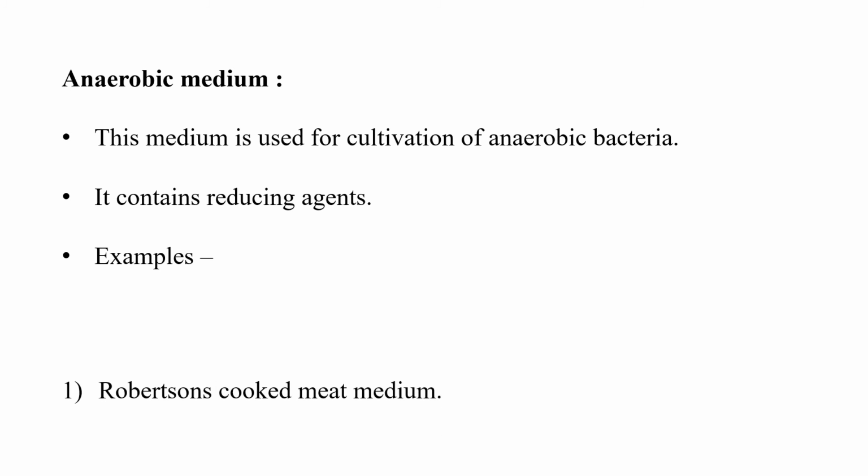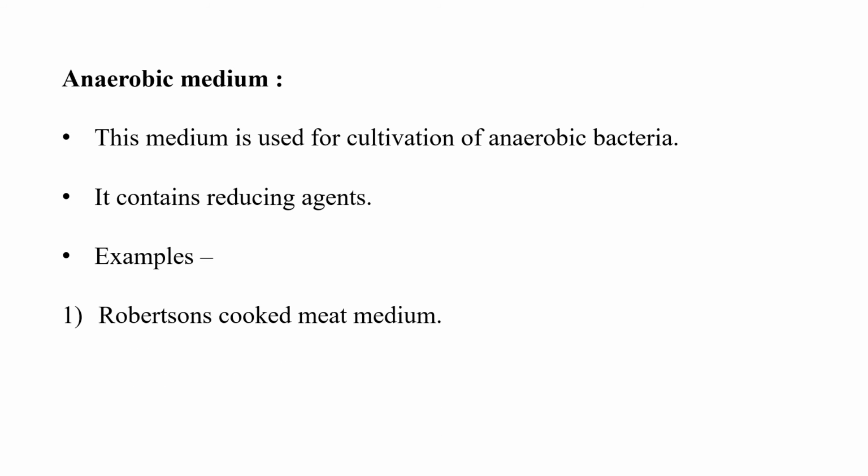Examples of anaerobic medium are Robertson's cooked meat medium and, second one, the fluid thioglycolate medium. By using these two media, we can cultivate anaerobic bacteria, those which do not require oxygen for their growth.